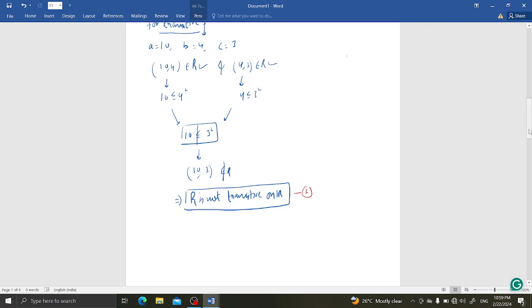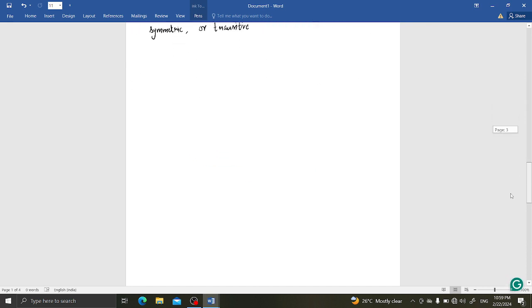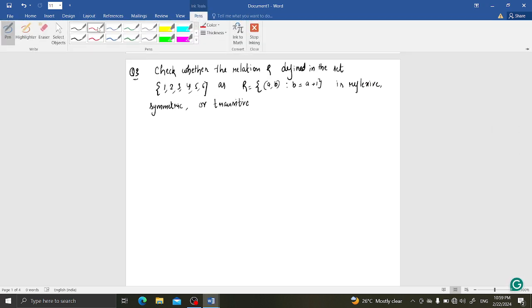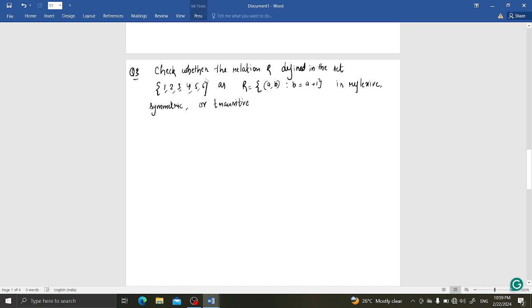So let's come to the third question. What does it say? Check whether the relation R defined in the set {1, 2, 3, 4, 5, 6} as this one is reflexive, symmetric or transitive. We need to check. First of all, set A is finite.